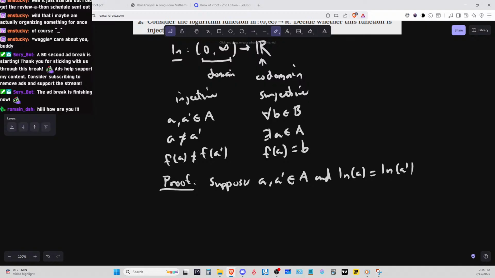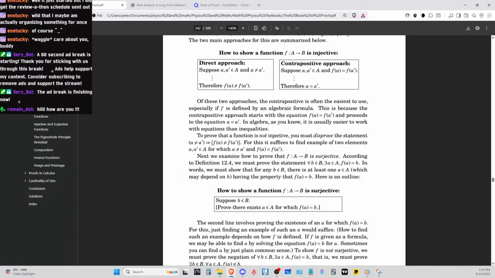I think this is because the contrapositive proceeds to the equation A equals A. In algebra, we know this.